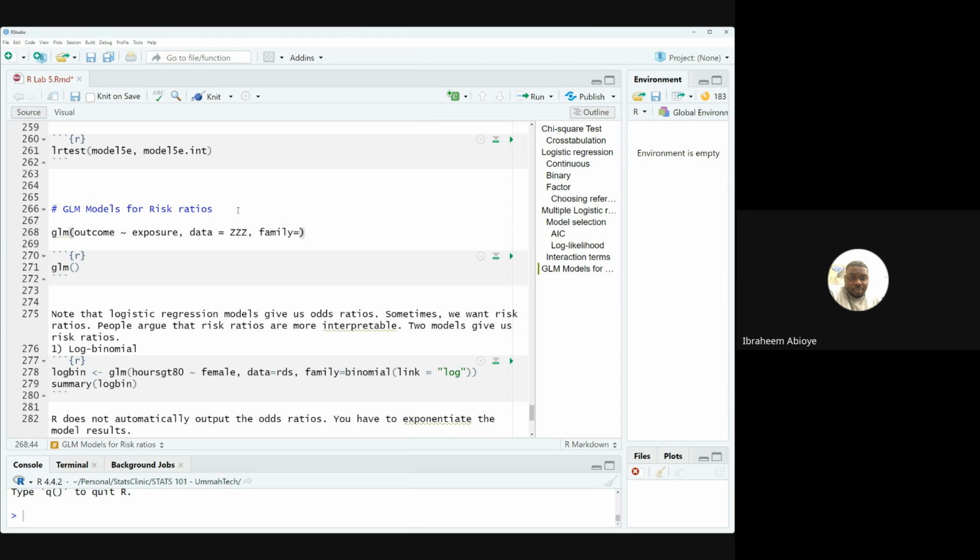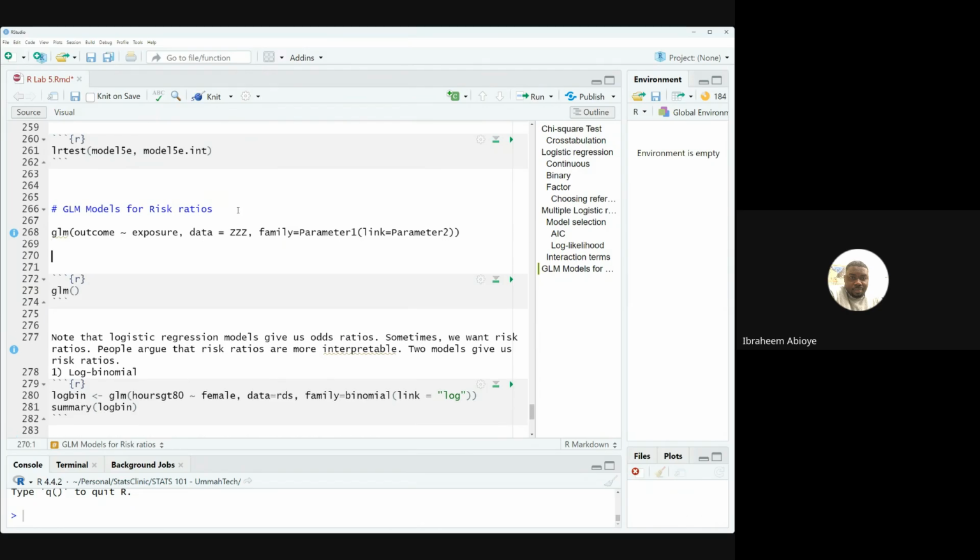I'll call that parameter 1. And then you have to specify the link, and I'll call that parameter 2. Okay, this is the general structure.